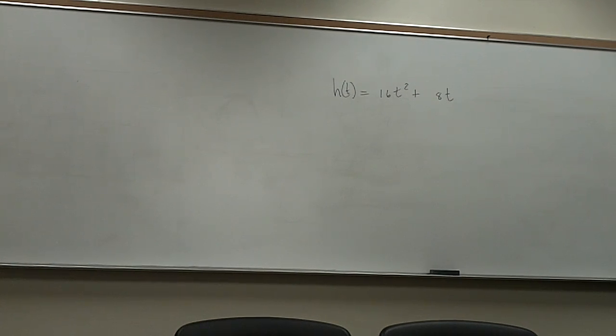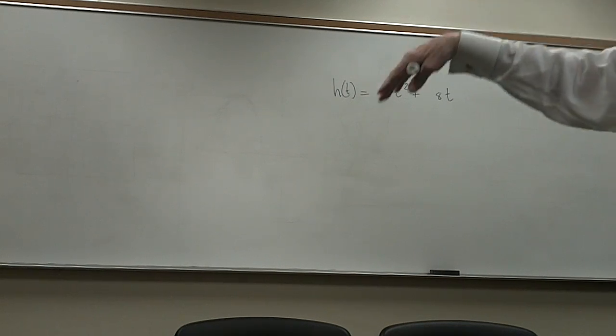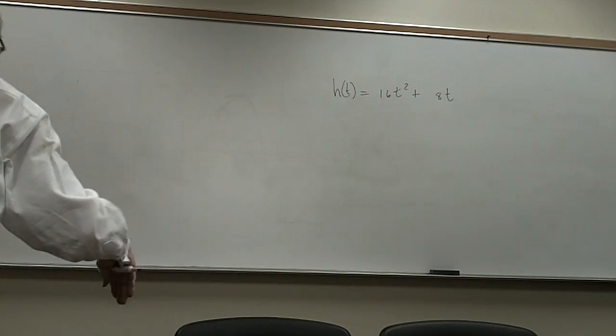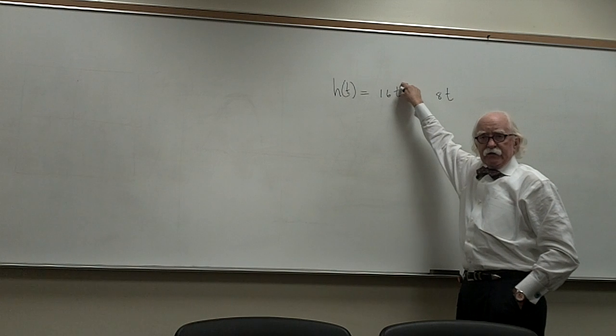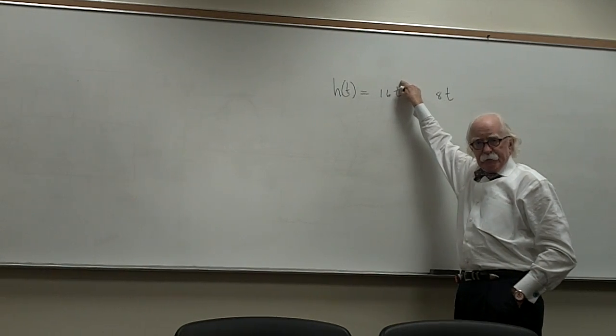Does everybody see how he did that? We applied the slope formula to this thing, and we actually got 32t plus 8. Now, you're probably sitting there going, how in the world did he do that? I went through this process of x plus h, y'all remember that? No, I didn't either, because all I did was this. I took the 2, and this works, by the way, and I can show you and prove it to you.